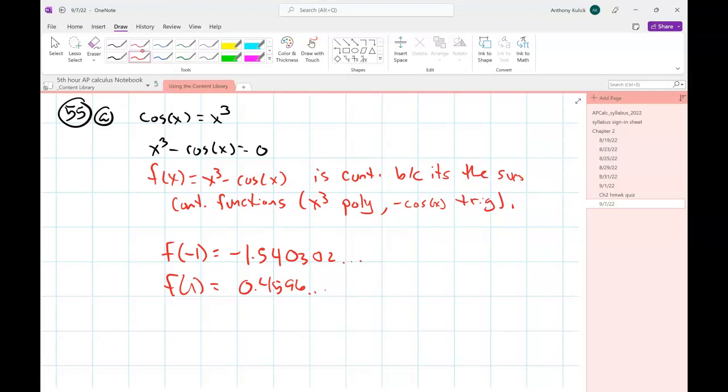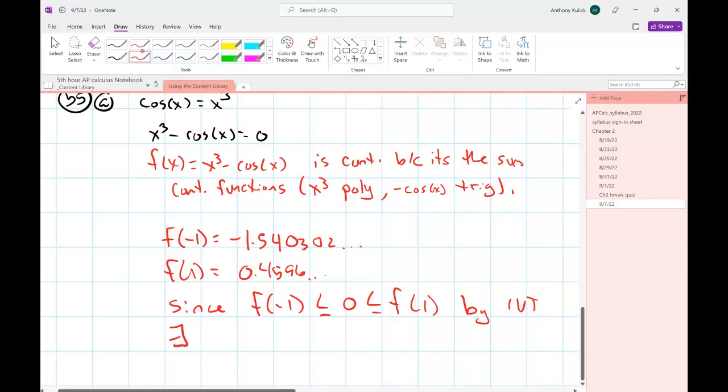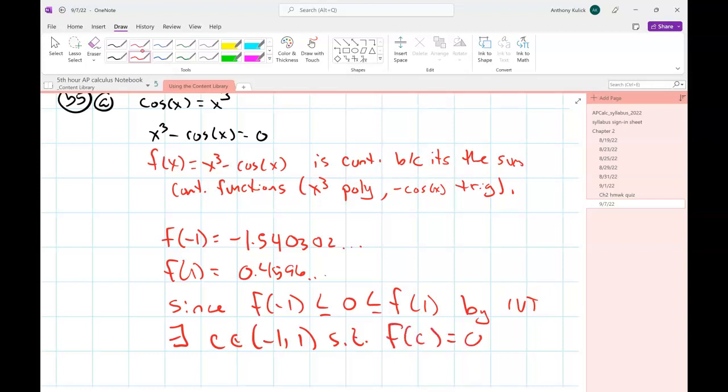All right. Since f of negative 1 is less than or equal to 0, which is less than or equal to f of 1, by the intermediate value theorem, there exists c on the interval from negative 1 to 1 such that f of c is equal to 0.